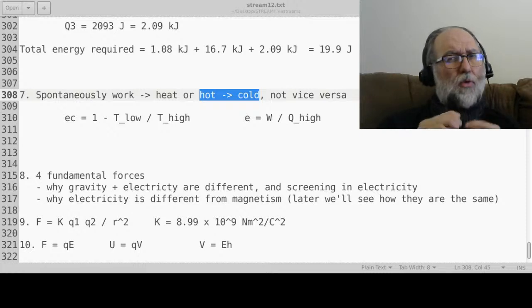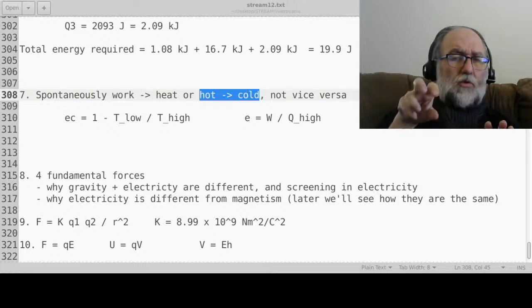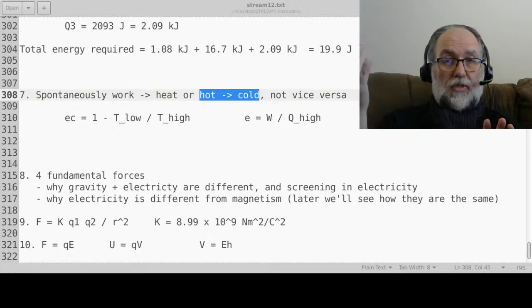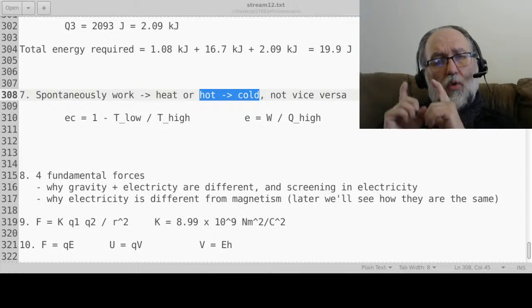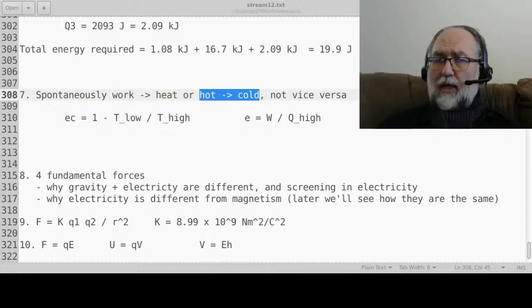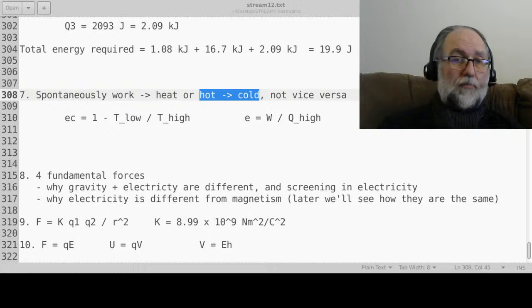That's okay, but you can't have the cold one losing 10 joules and the hot one gaining 10 joules. That wouldn't violate the first law, because still it's 10 joules transferred. One thing loses 10, the other gains 10. But the second law says no, the heat will only flow from hot to cold, never from cold to hot. That's spontaneously, without the intervention of some other mechanism, which I'll discuss in a second.